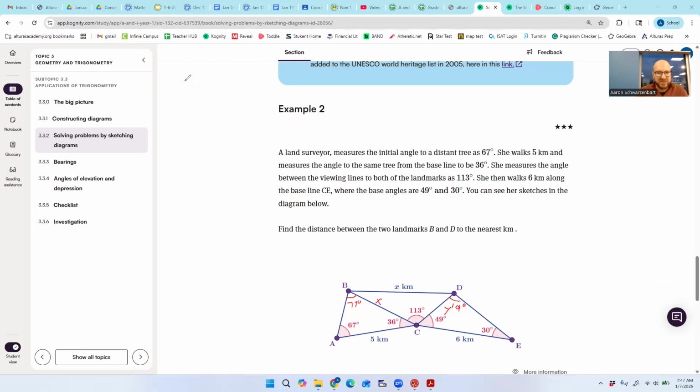You can flip these ratios however you want: 5 over sine 77, as long as your sides are both the same and your angles are both in the same spot. Sine 67. So I'll multiply both sides by sine 67, and that will equal X.